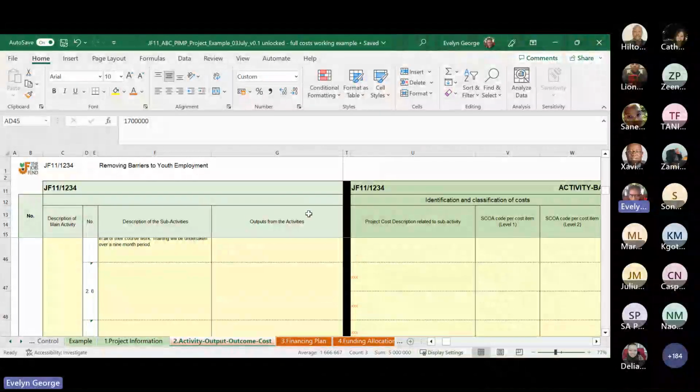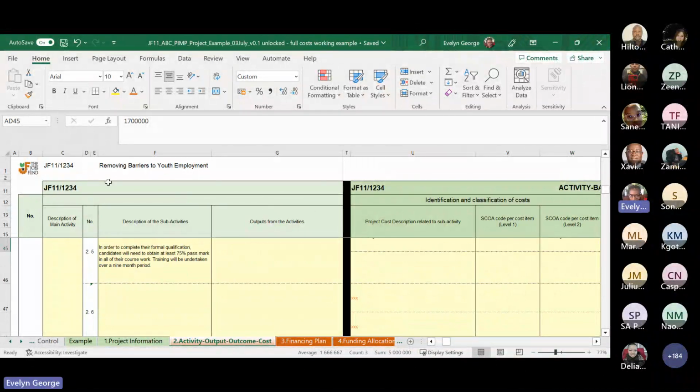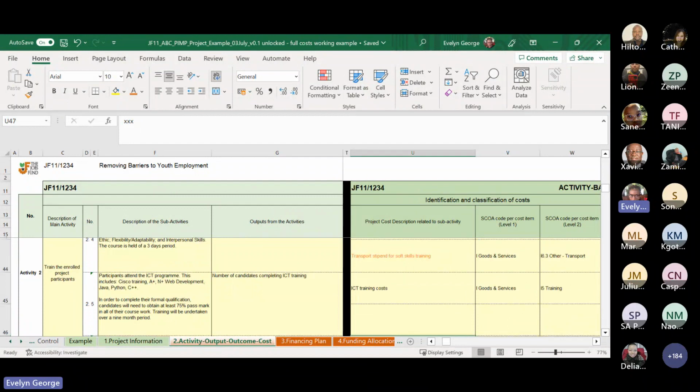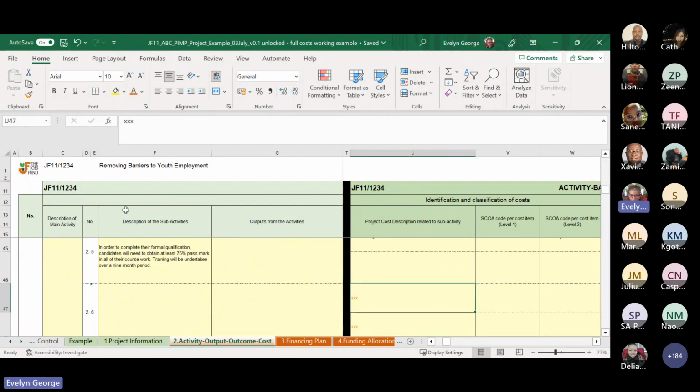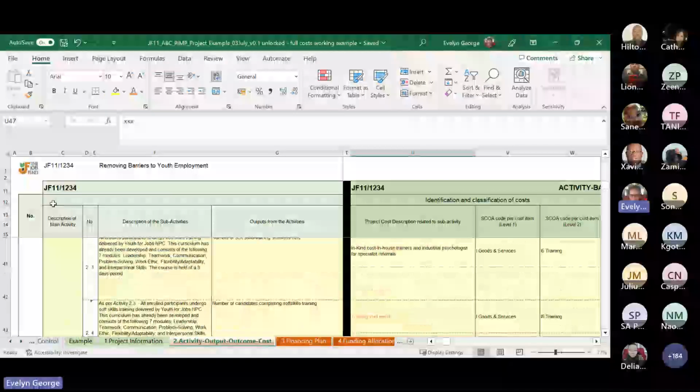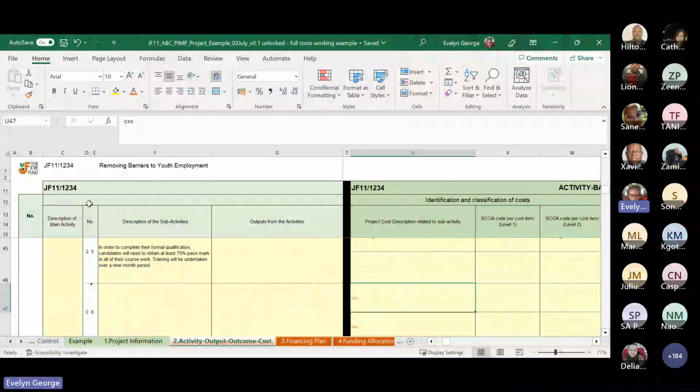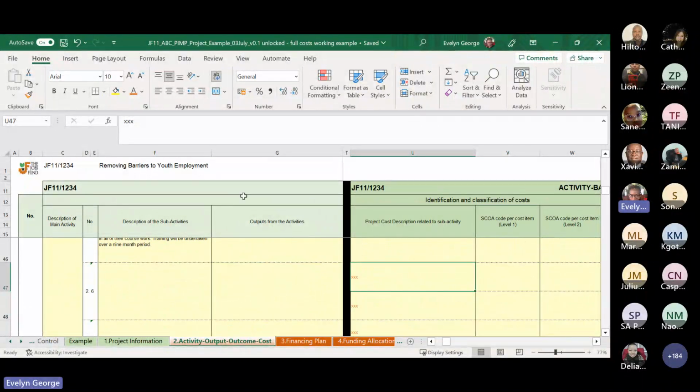Okay, so I wanted to keep it all within this activity too. It's not necessarily the best place to have it. There may be an activity called project administration and support, etc. And this is where I would place some of these costs. As you can see, I'm placing them here just for illustrative purposes.